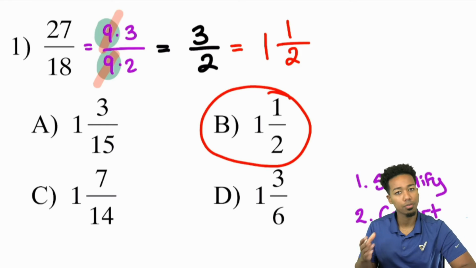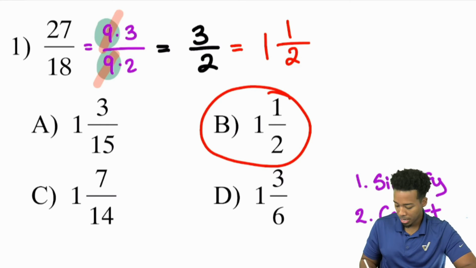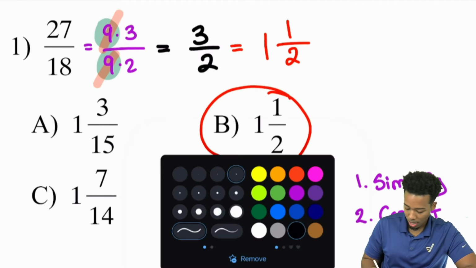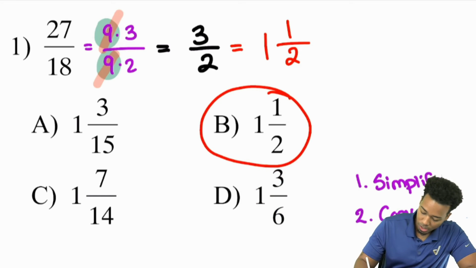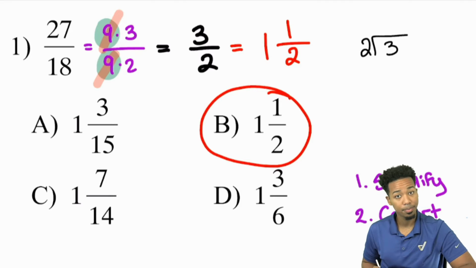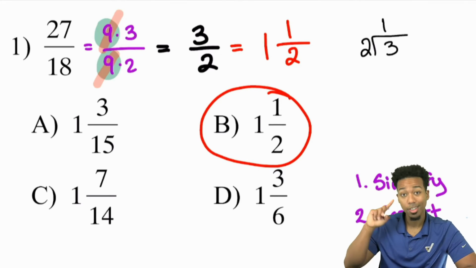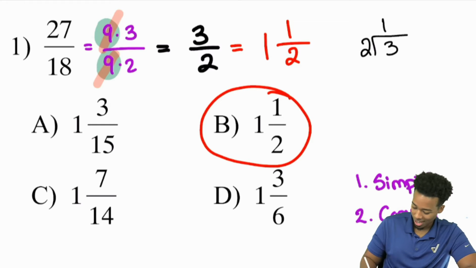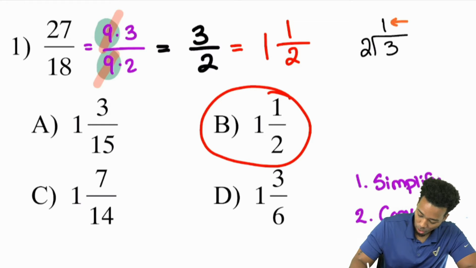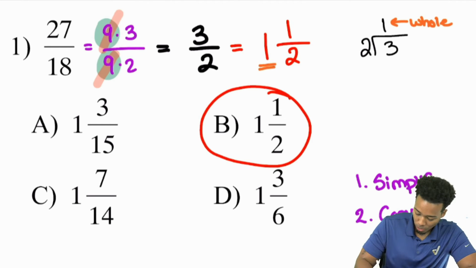But just to show you a different way to think about it in terms of converting, here's another way you can do it. You can say, hey, if I divide 2 into 3, what do I get? Well, 2 goes into 3 one whole time. Hear that again, one whole time. So this right here is your whole. That's your 1.